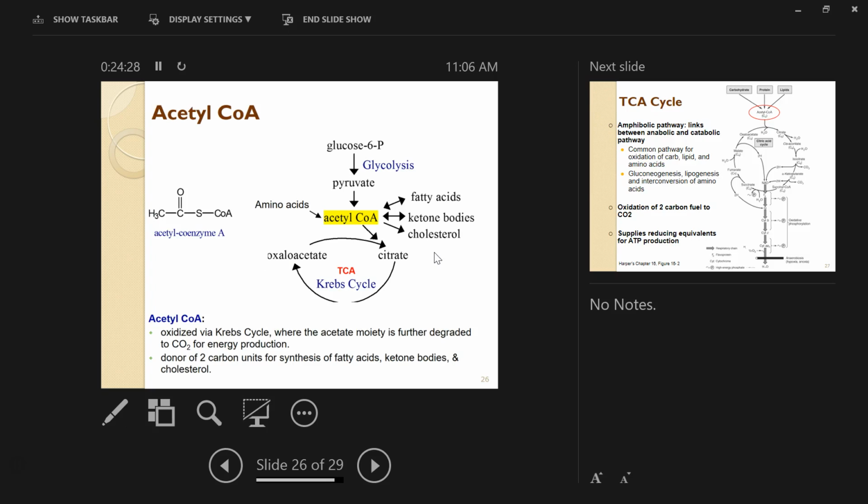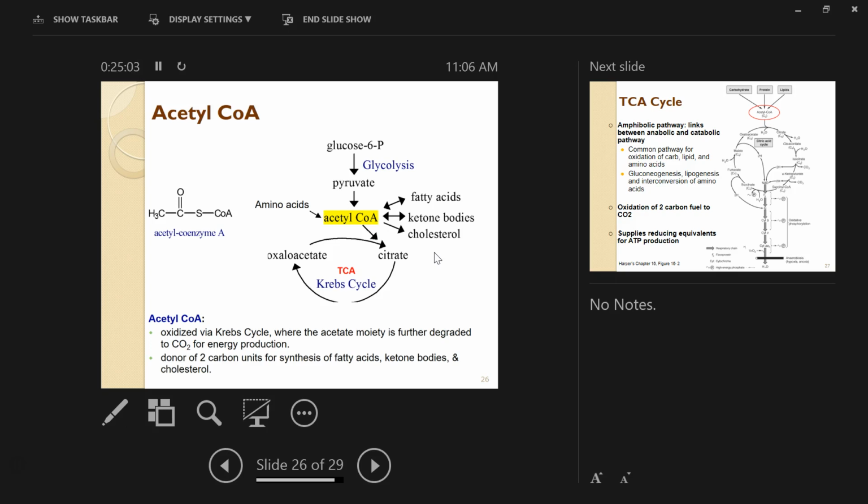And acetyl-CoA is again the key molecule that can be generated from oxidation of the 3 macronutrients, right? Glucose, amino acids, and fatty acids can all be metabolized to generate acetyl-CoA, and acetyl-CoA can have different metabolic fates. It can enter the TCA cycle for complete oxidation. So acetyl-CoA is the molecule that enters the TCA cycle, not the pyruvate.